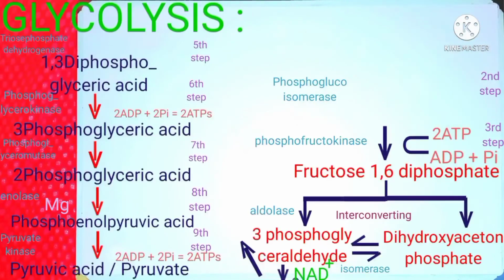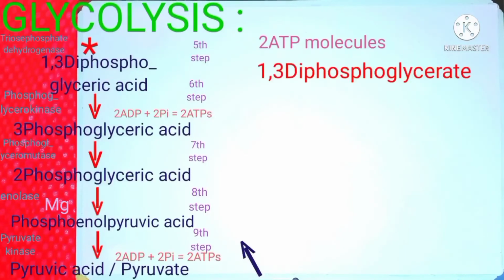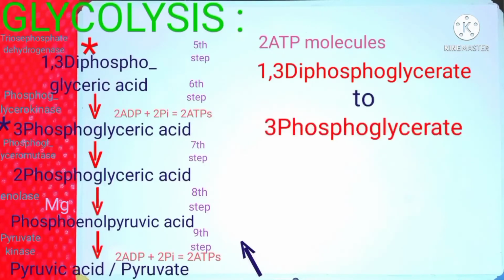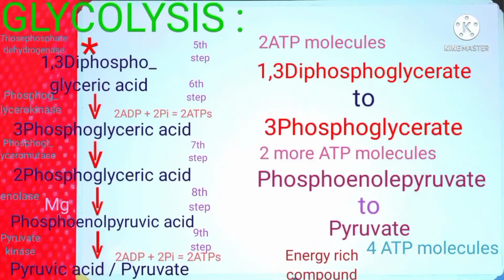As we have known, two ATP molecules are generated during the conversion of 1,3-diphosphoglycerate to 3-phosphoglycerate, and two more ATP molecules are obtained during the conversion of phosphoenol pyruvate to pyruvate, the end product of glycolysis. So students, in addition to 4 ATP molecules that are obtained during glycolysis, the energy-rich compound NADH is also obtained, which is used to make ATP during oxidative phosphorylation.